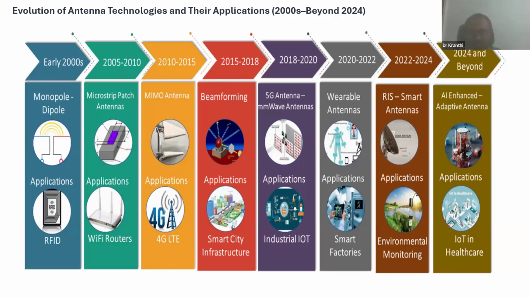Now we talk about 2015 to 2018, that is beamforming antennas. People are still using the same thing. Beamforming technology came where antennas could focus specific signals in specific directions rather than spreading them everywhere. They can stream in a particular way. This supported smart city infrastructure such as smart traffic lights, surveillance, and public Wi-Fi.